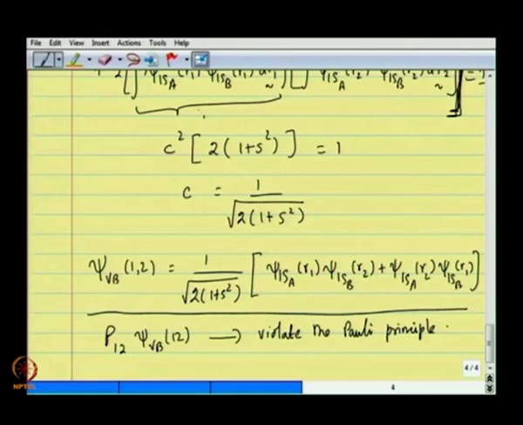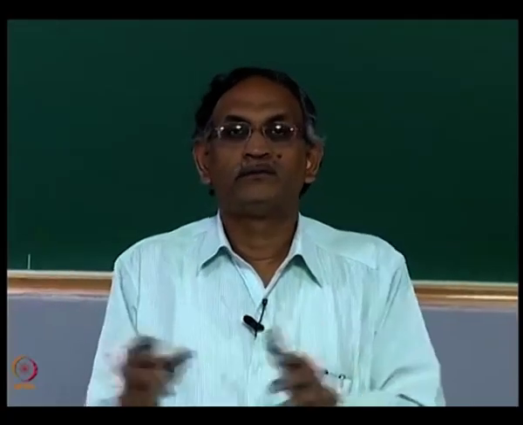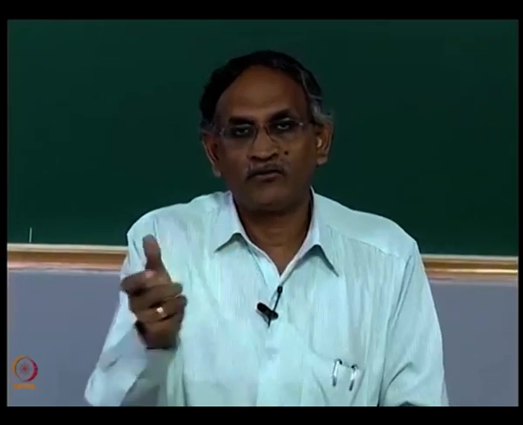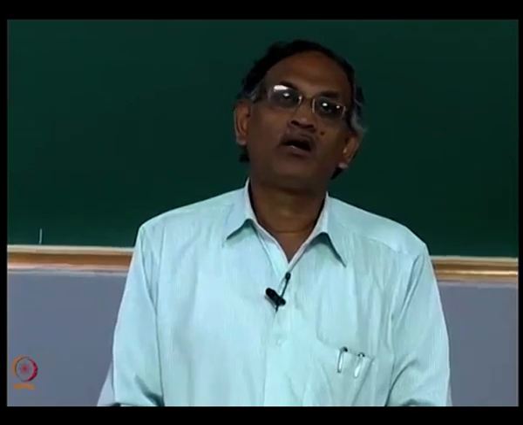The 2 electrons, when they are together in an orbital system, you have to worry about the exchange of both the space and the spin coordinates, and we have not included the spin in this part. If we have to include the spin, the spin part should be antisymmetric because the space part is symmetric.